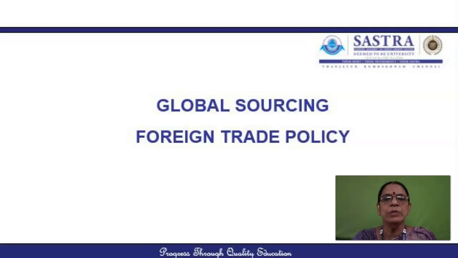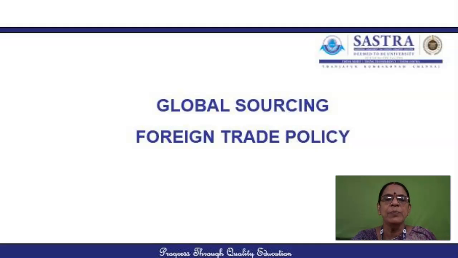We shall see about the EXIM policy or foreign trade policy of our country. EXIM policy, that is the export-import policy or foreign trade policy, is a set of guidelines and instructions established by the DGFT in matters related to the import and export of goods in India. That is the Directorate General of Foreign Trade, DGFT.